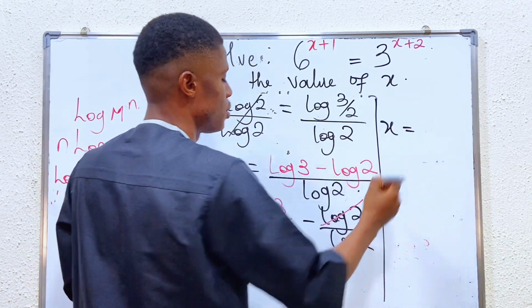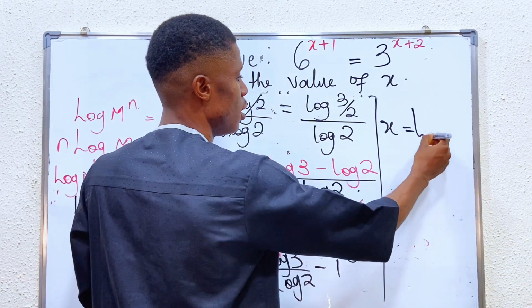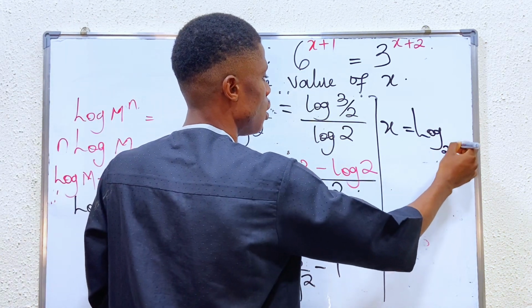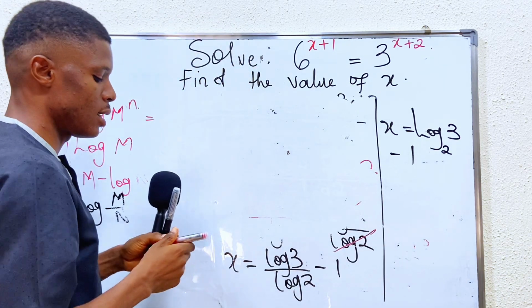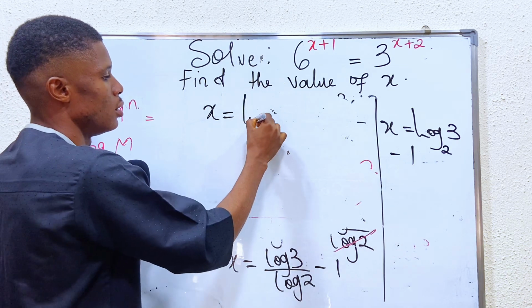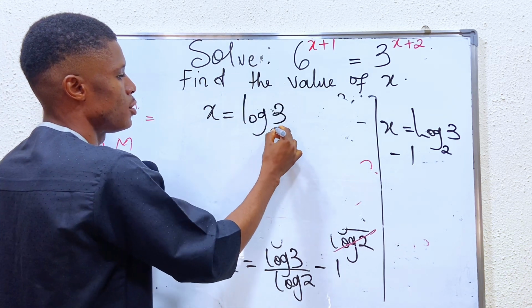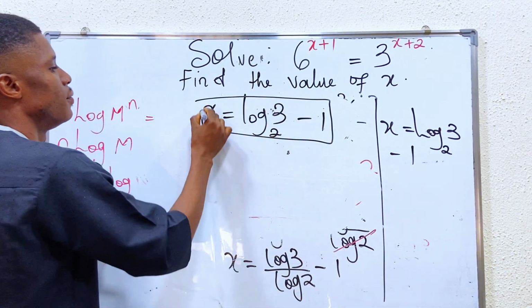They have a common base of 10, so we can use log base 2 of 3, then minus 1. Final answer to this is that x will be equal to log 3 base 2 minus 1. And that's the value for x.